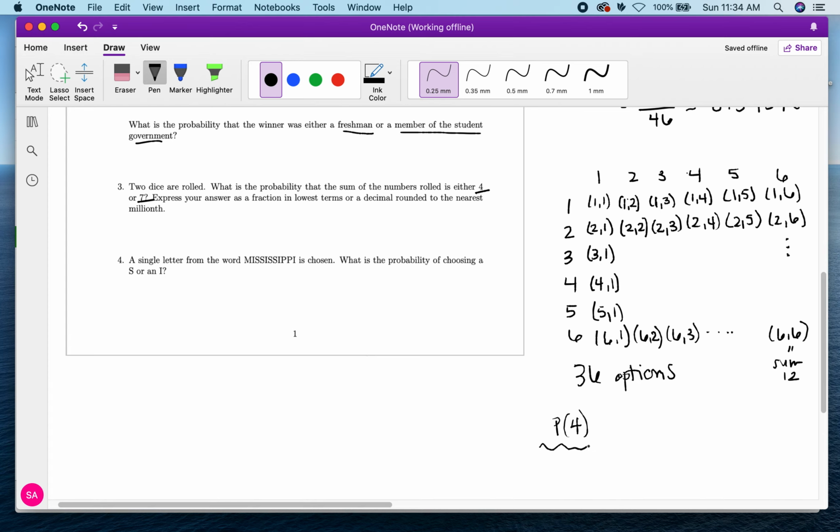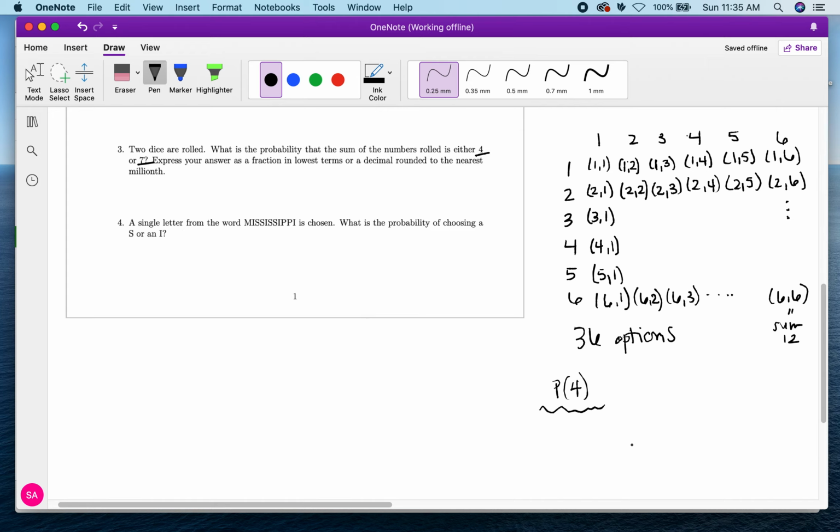First, I want you to think about what are the different ways we can roll a sum of 4. What about 1 and 3, right? 1 plus 3 is a sum of 4. But notice up here, I have a 1 and a 3, but we also have a 3 and a 1. So we actually want to count that as well.